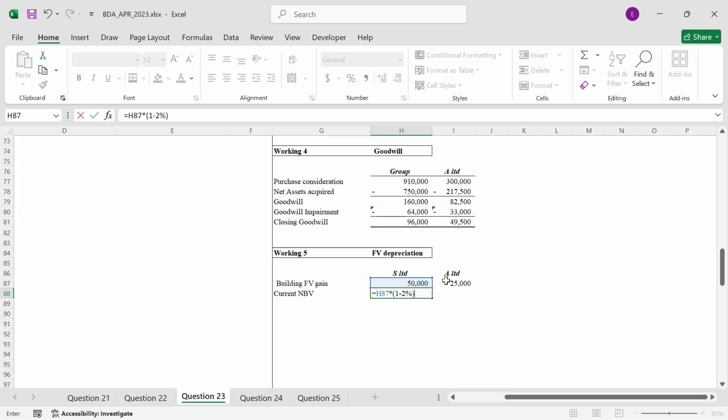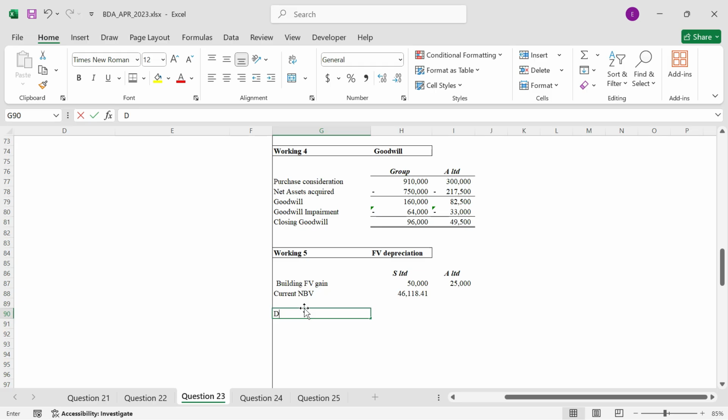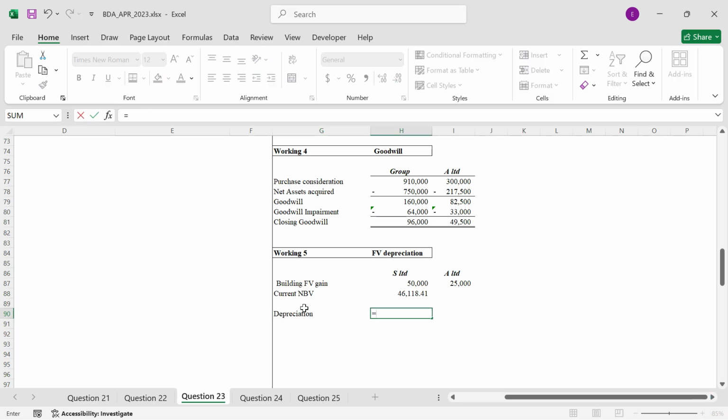But then I raise this to the number of years that are there, which is 4. So after 4 years of losing 2% every year, I'll have a value of this. And so my depreciation will be this minus this.